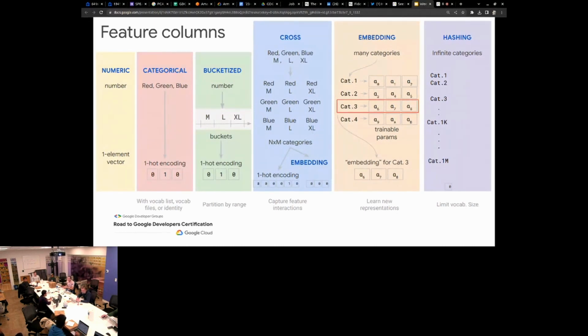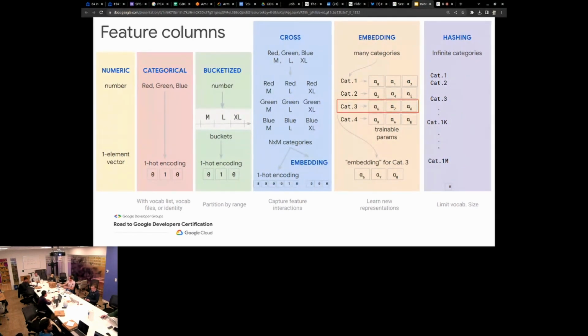The second one is the categorical features. These are when you are dealing with strings, with labels, so red, green, blue. What you would traditionally do with them is turn them into one hot encoding. That is, you generate a vector with the size of your vocabulary list, and basically turn the cells of those vectors on and off based on the presence of the feature that you are looking into.